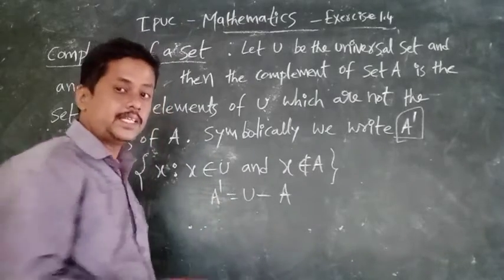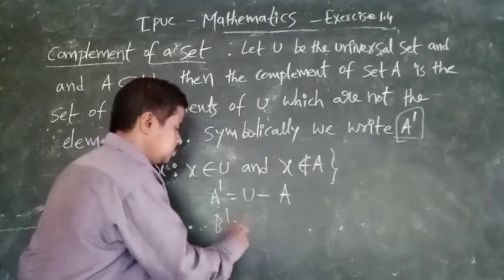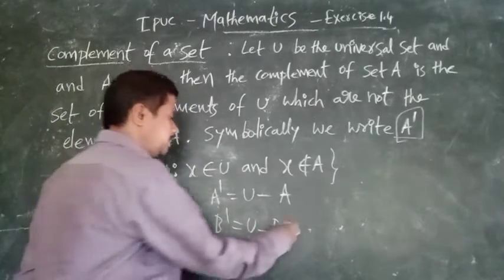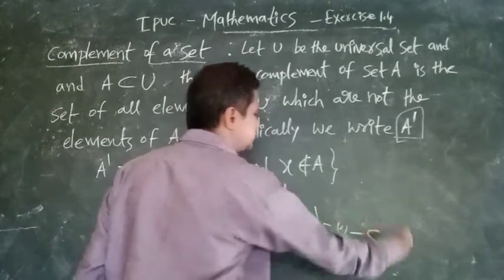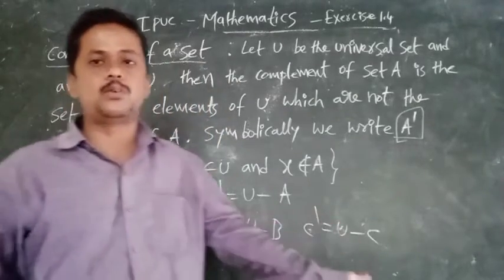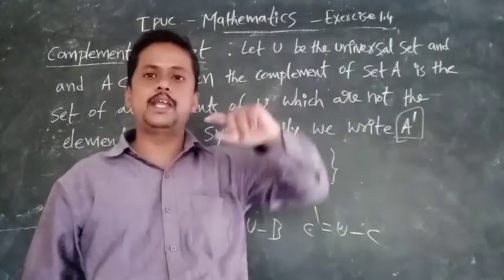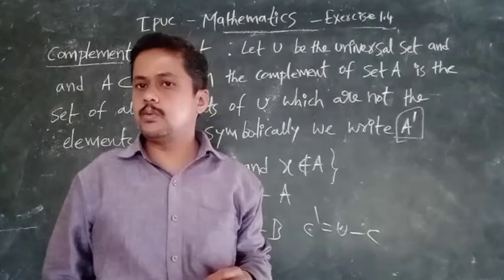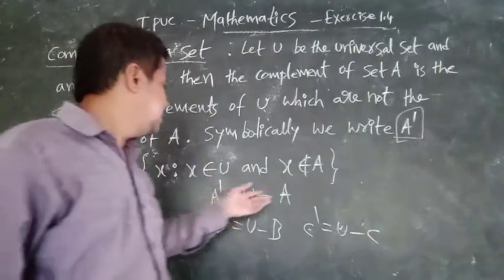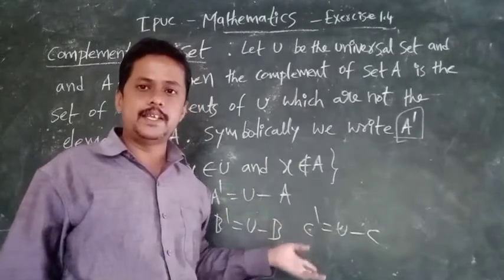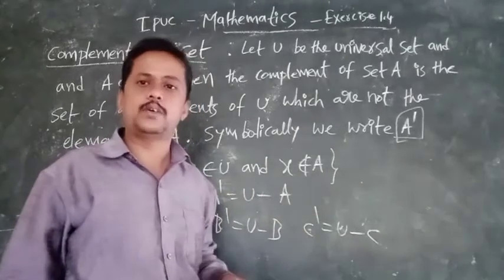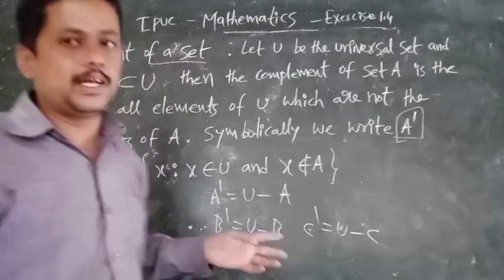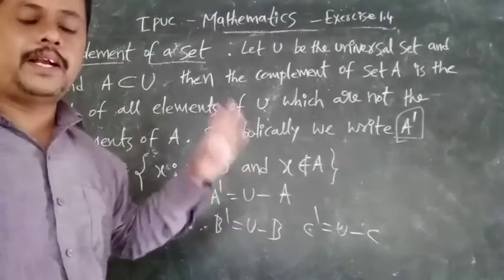B dash is nothing but U minus B, C dash is U minus C, D dash is U minus D, where U is the universal set, and A, B, C, D are any sets, subsets of the universal set. So this is the complement of set A.